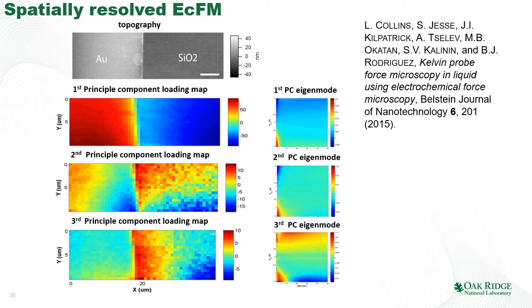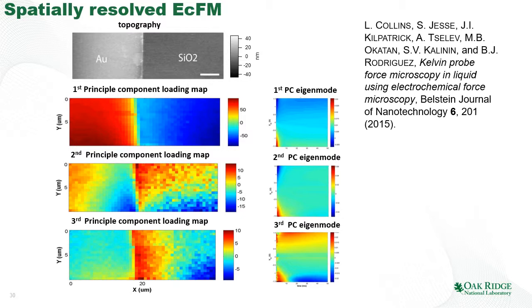This is an example of us taking the EcFM dataset on the gold-silicon system and separating it into the first, second, and third principal components. These are the spatial maps, and these are the corresponding eigenvalues. You can see that, for example, this behavior is primarily exhibited on gold, and this behavior is primarily exhibited on the boundary between the gold and silicon electrode.